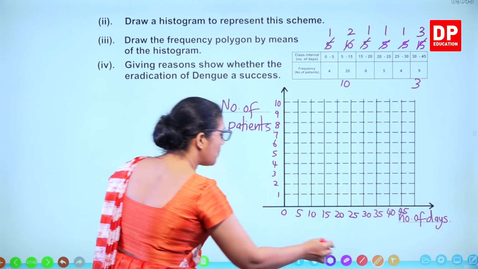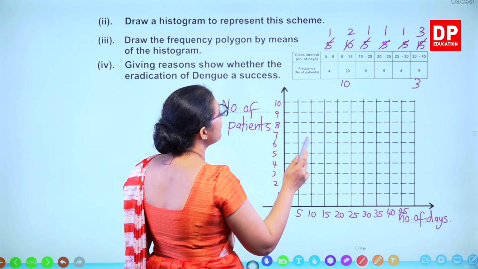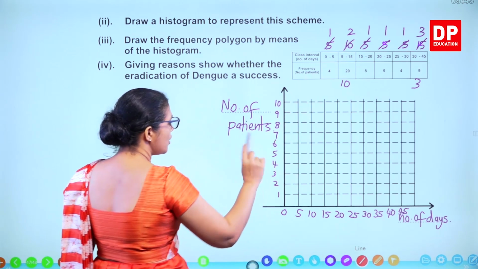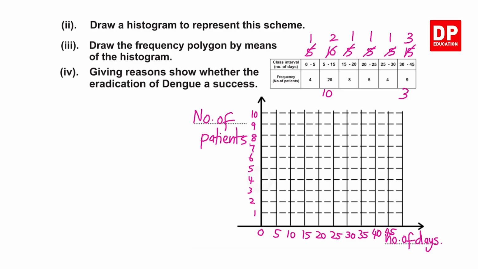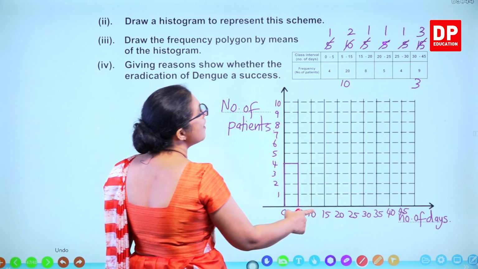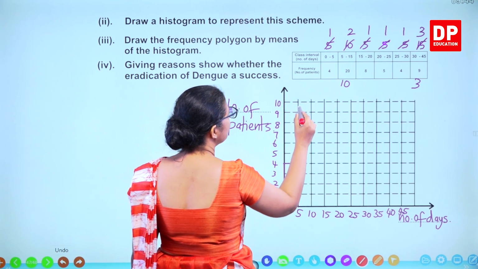Now we can draw the bars. First one, 0 to 5, 4. That's the first one. So 5 to 15, that's 10, so 2 squares.